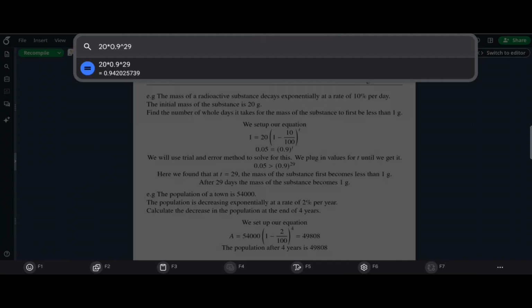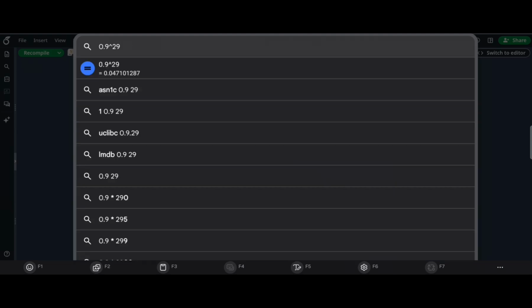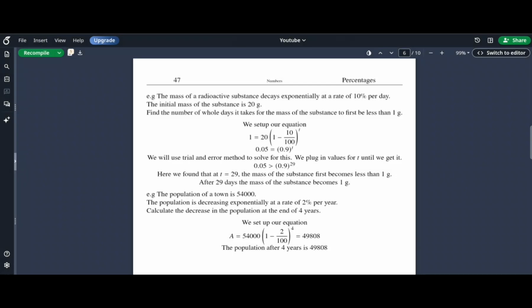You can see that at 28 days it's still above, but after 29 days this is the first time it goes below. And obviously if we divide both sides by 20, what do we get? This value, 0.047, which is less than 0.05. Okay, fine. So the statement is, after 29 days the mass of the substance becomes less than 1 gram.